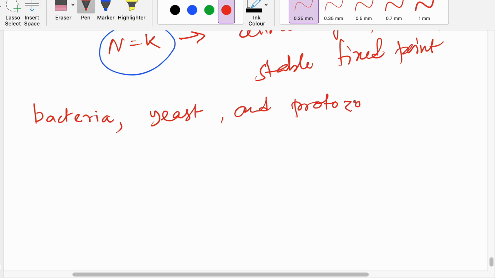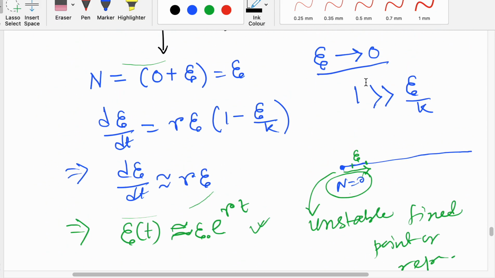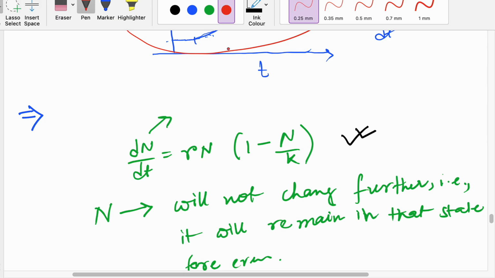And another thing, water fleas, fruit flies, and Drosophila populations can also be modeled through these equations.